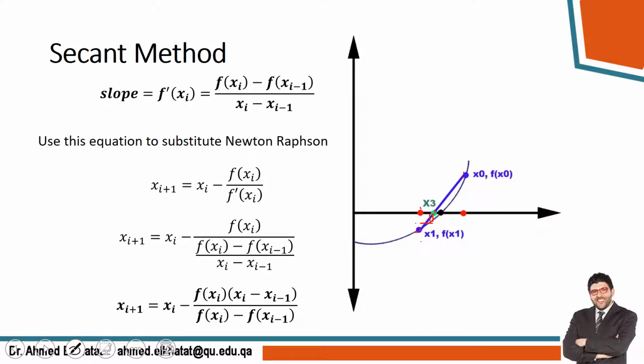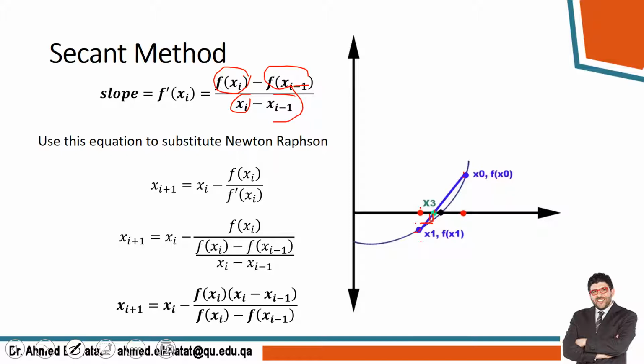Now the slope here is f of x_i minus f of the previous x, over x_i minus the previous x, x_(i-1).